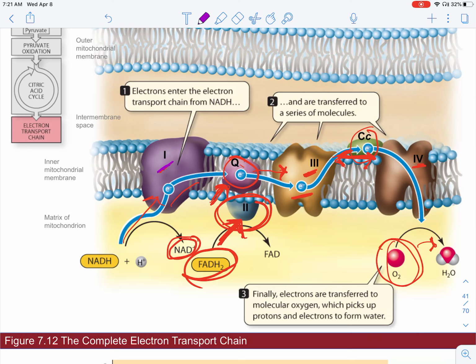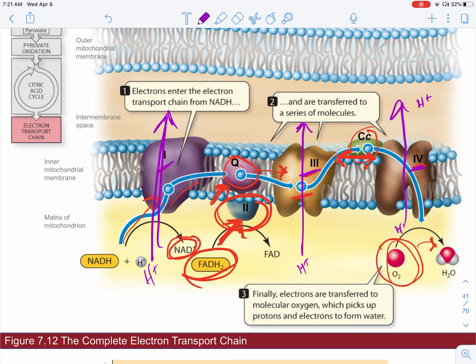Now, we'll see this a little bit later, but in each of these transmembrane proteins, complex 1, complex 3, and complex 4, you will get the transport of protons from the matrix into the intermembrane space.